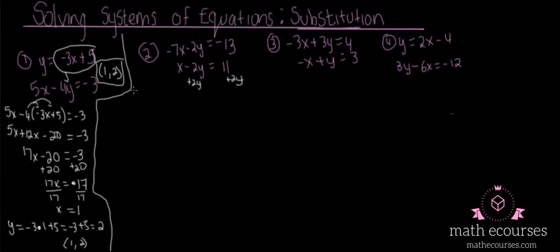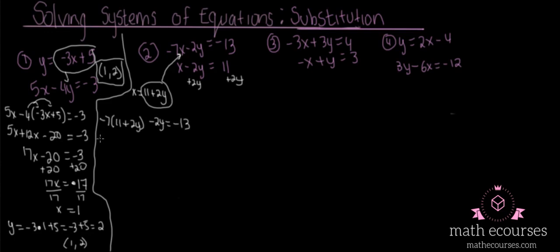So I'm getting x equals 11 plus 2y. Okay, I have this by itself, so I'm saying this is x. So this is going to replace x in the other equation, which is the first one. So I have negative 7 times x, which is 11 plus 2y. Then write the rest of the equation out.